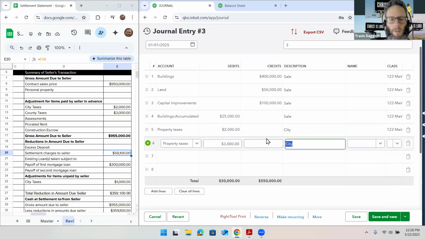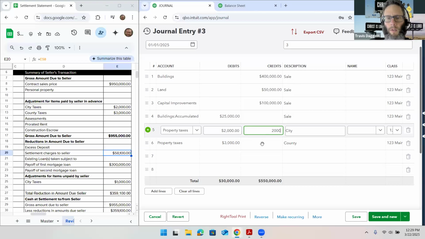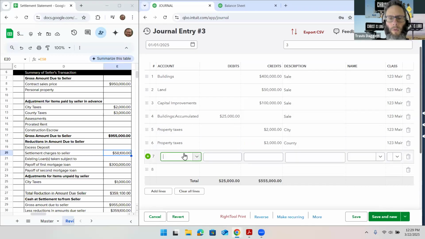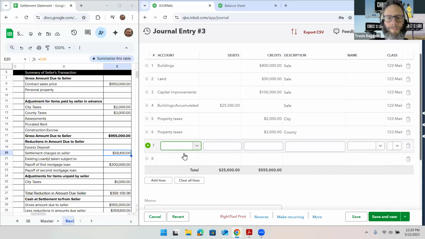And what do we have there? These are county. Okay. Actually, we're going to credit these because these are credits. They're prepaid, so this will reduce what's already been expensed.